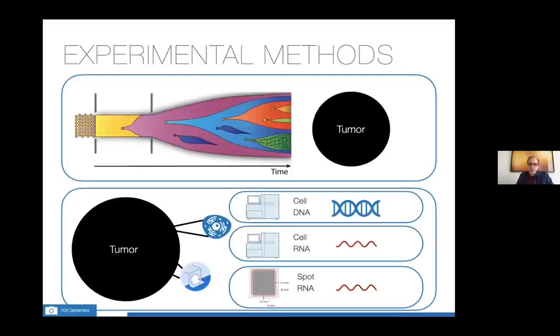Okay, so today there's a number of interesting experimental techniques that we can apply to a tumor and other tissue. Two of them: we can take a single cell from a tumor and sequence its DNA, and I'll give you a simplified view of what sequencing is in a moment. We can also take a cell from a tumor and sequence its RNA. With DNA, we get to see the mutations. With RNA, we get to see the activity levels of the genes, but we can also see mutations in those genes. Then we can also apply spatial techniques, but I won't talk about those today.